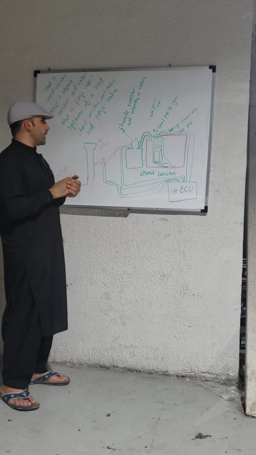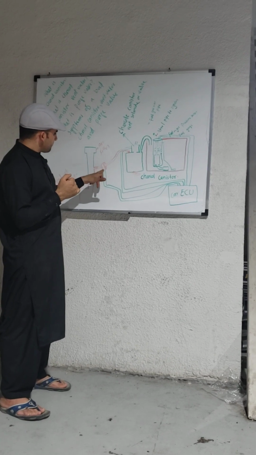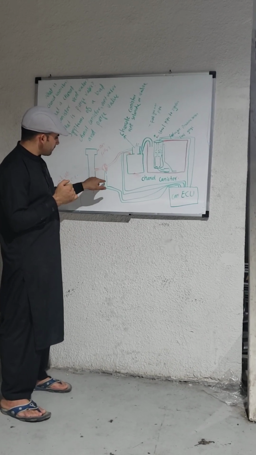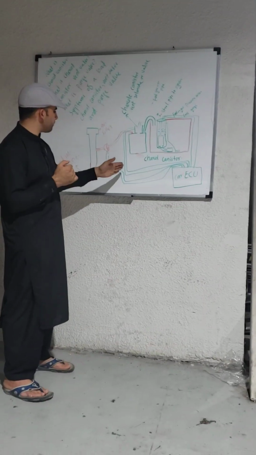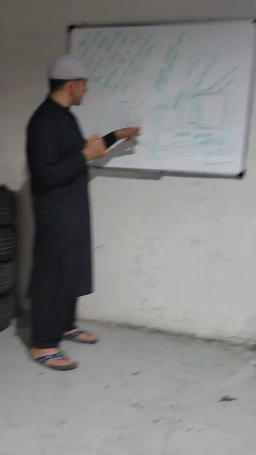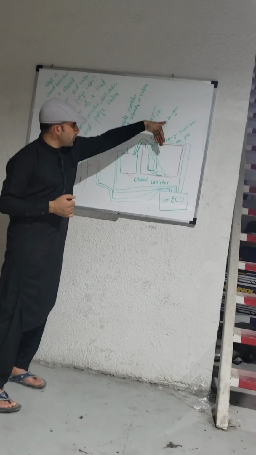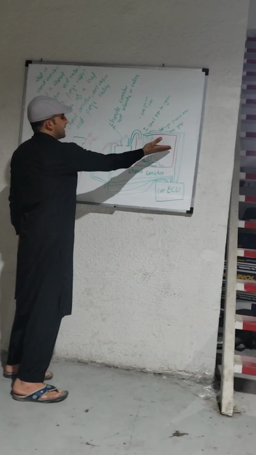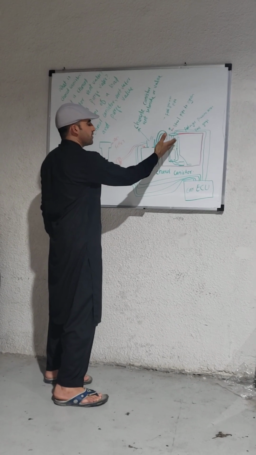What will happen, for example, if this wire is not working? Our purge valve is working properly, but this wire is not working. So when you want to refuel, what will happen? The gas will fill, okay, some of the gas.